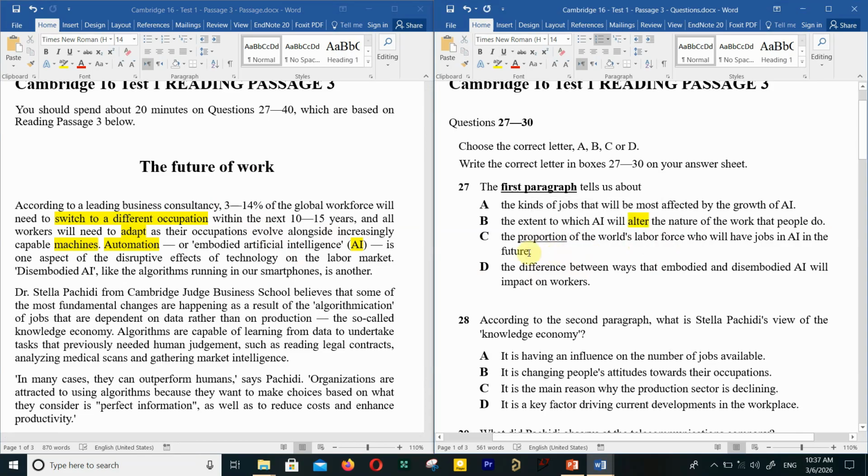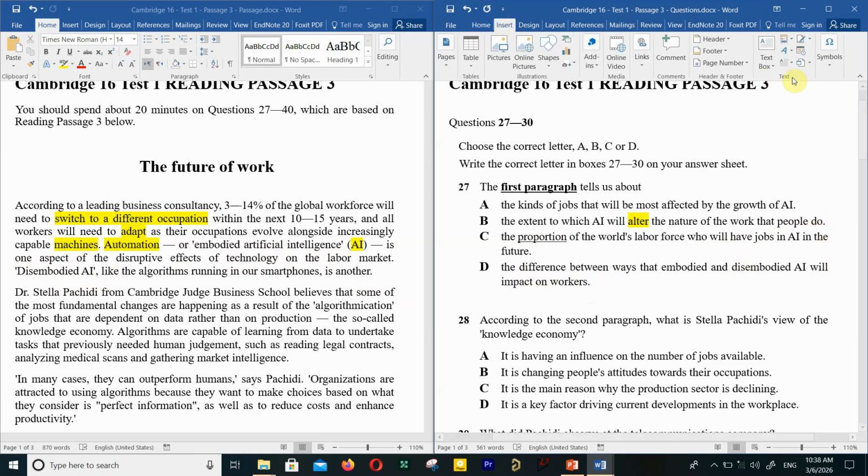The difference between ways that embodied and disembodied AI will impact on workers. No, there is nothing about the difference between these two. It's mentioning embodied AI and disembodied AI, but it's not talking about the difference between them. So B is the right answer for this question. Option B is the right answer for question 27.